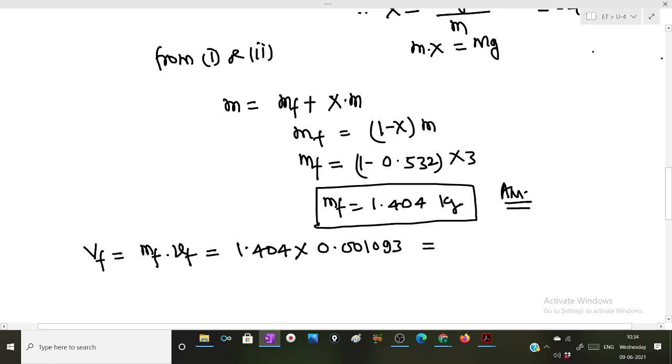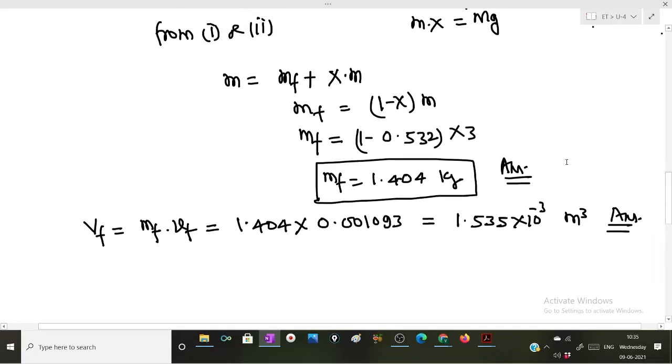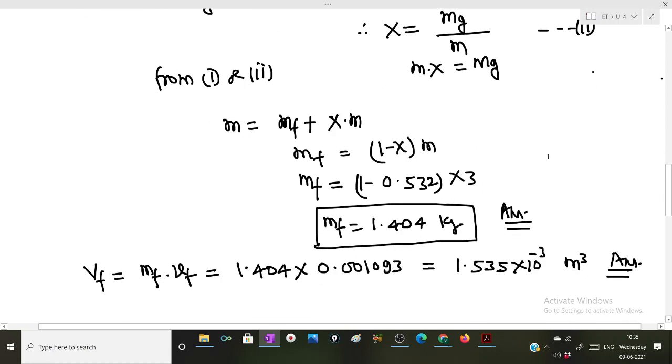So it will come out to 1.535 into 10 to the power minus 3, and the unit will be meter cube because it is the total volume of water. Okay, so this way I could calculate mf and Vf.